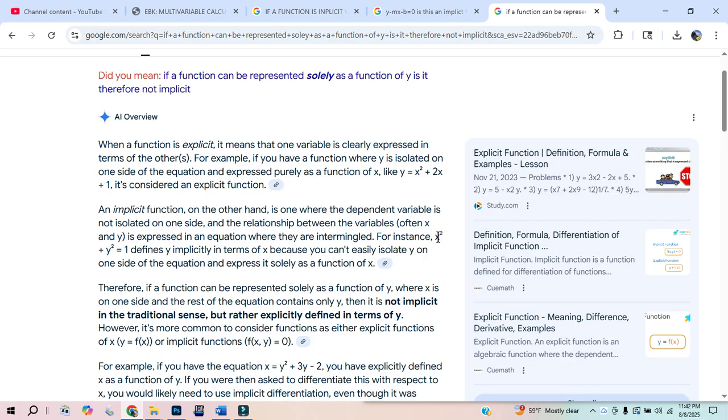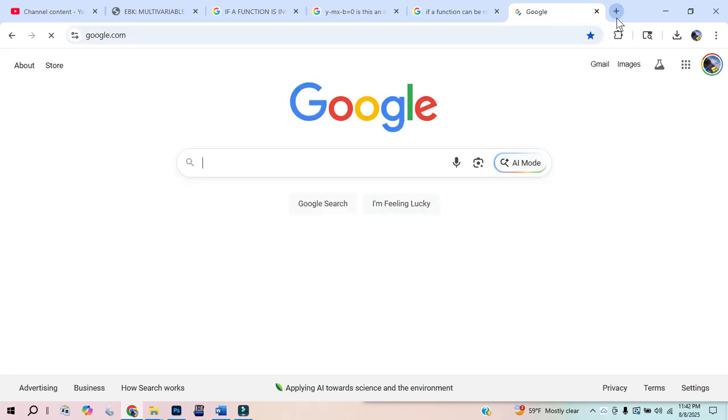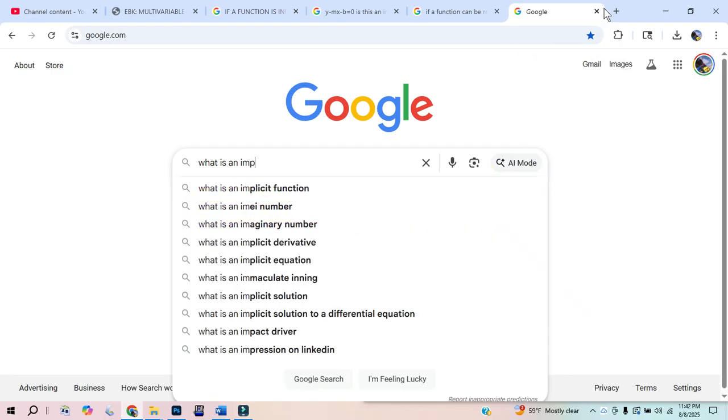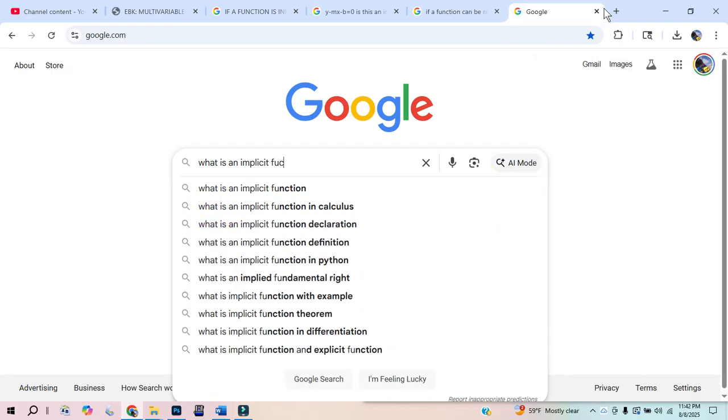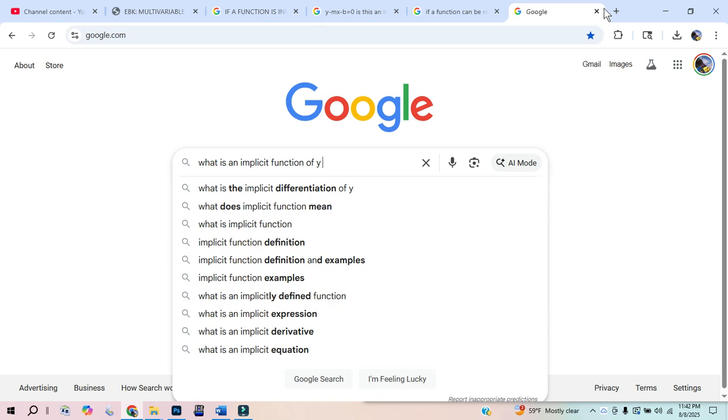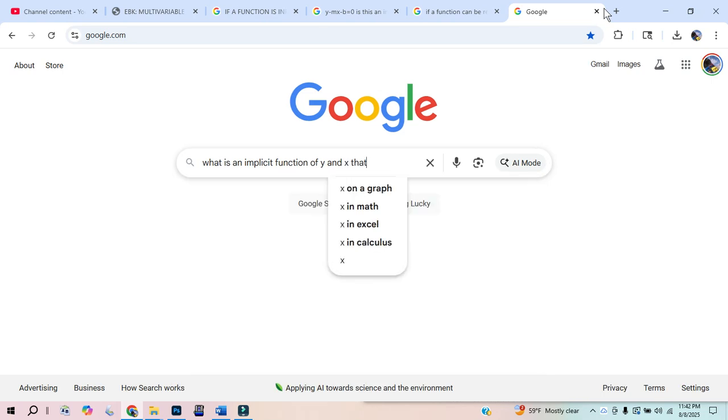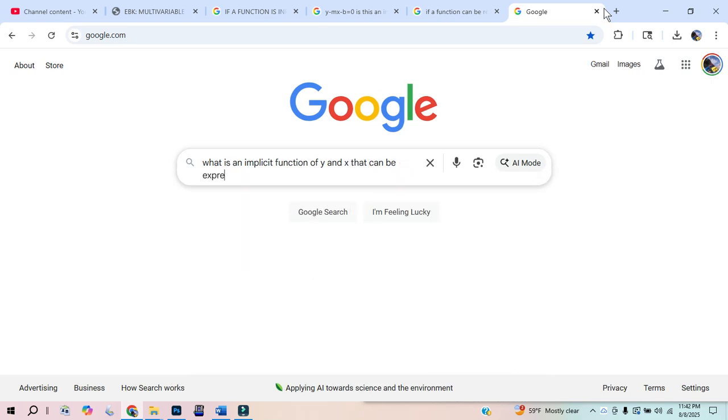For instance, x squared plus y squared is equal to 1 defines y implicitly. And then, what is an implicit function of y and x that can be expressed explicitly as a function of y?